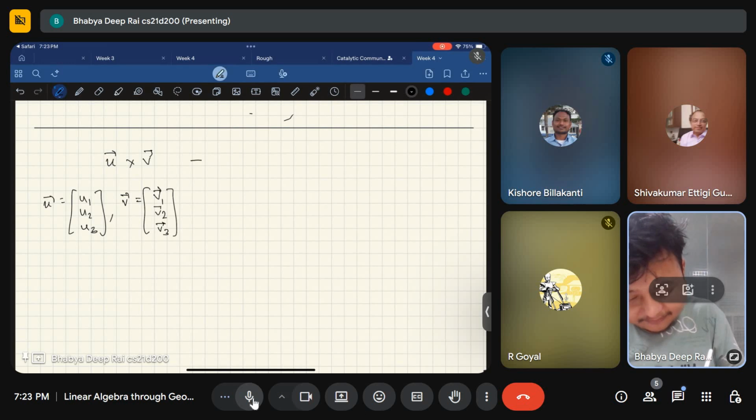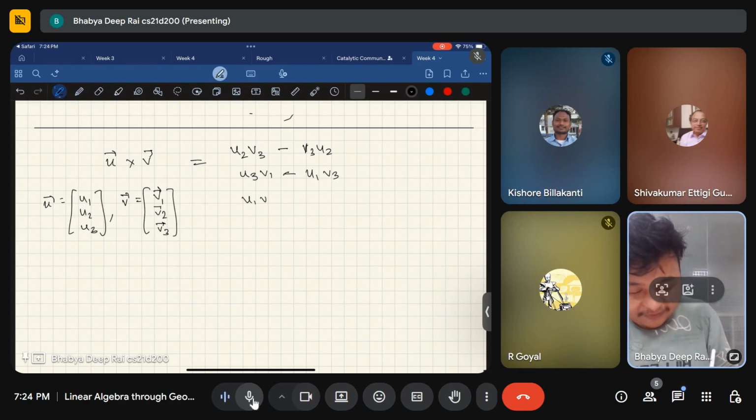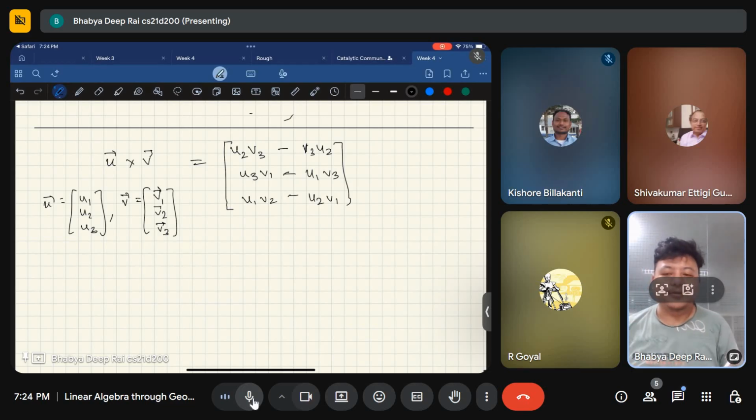The cross product is u2 v3 minus u3 v2, u3 v1 minus u1 v3, and u1 v2 minus u2 v1. Okay, so this is the formula for cross product.